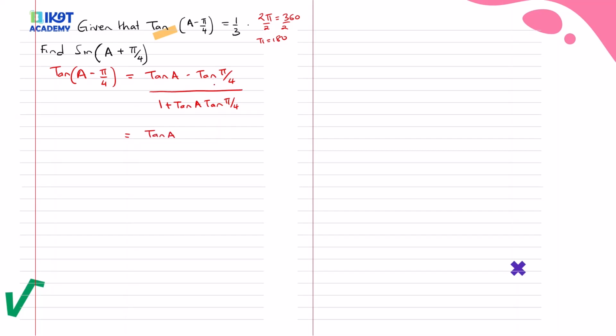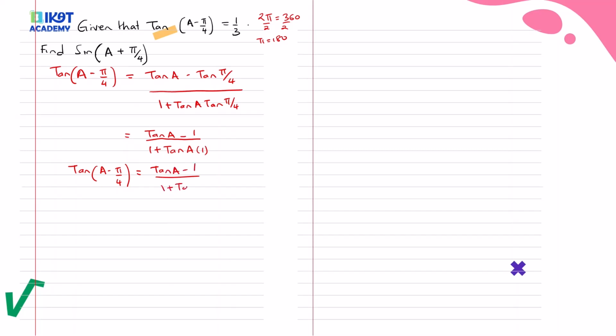Make sure the calculator is in radians, or convert it to degrees, such that you get 1. Regardless of whether you work with pi, as long as your calculator is in radians, you still get 1. So we have 1 plus tan a, and this is also 1 into 1.